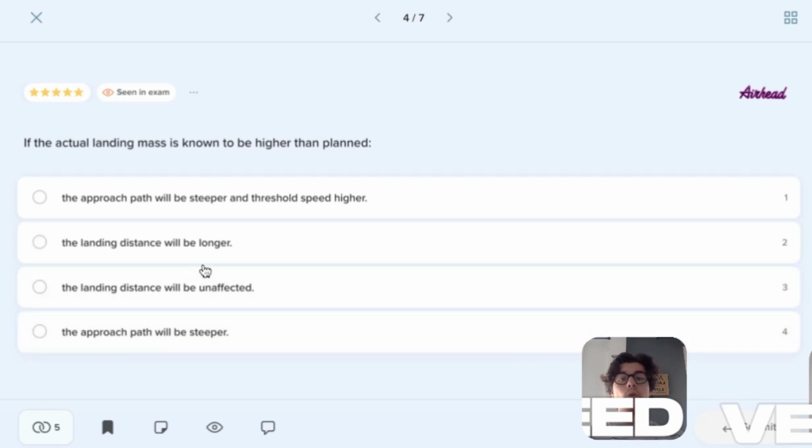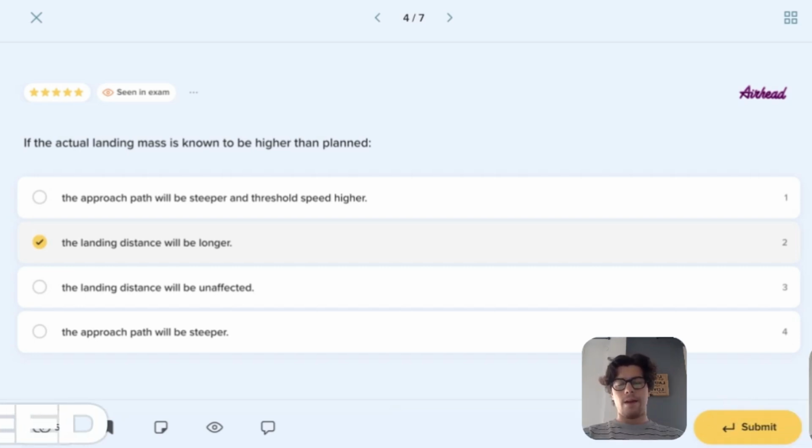We will be generating more lift, so it actually will be shallower because we have more weight on the aircraft. We'll need to generate more lift, meaning we will have a higher nose up attitude. And the landing distance will be longer. Yes, we have more inertia and we have a higher speed, meaning the landing distance will increase.